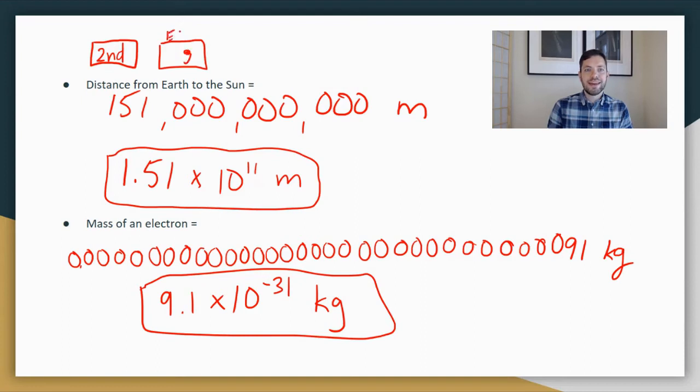It'll say EE. So the way that you would write it is you would say 1.51, second, comma, 11. So the leading number, second comma, and then the exponent. And what that'll end up looking like on the calculator screen itself is that it'll just show up as E.